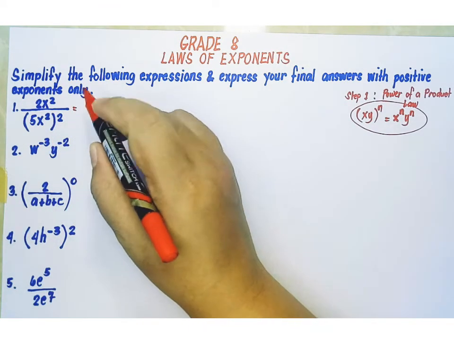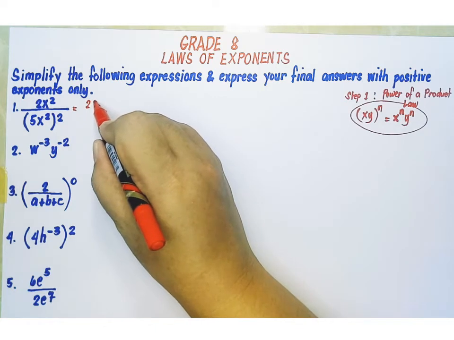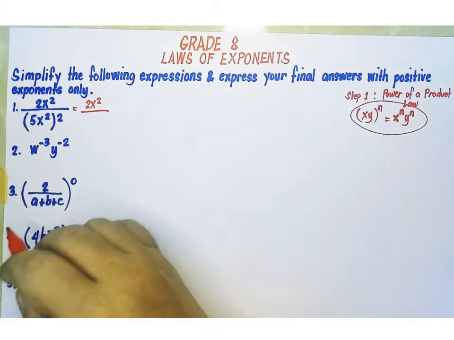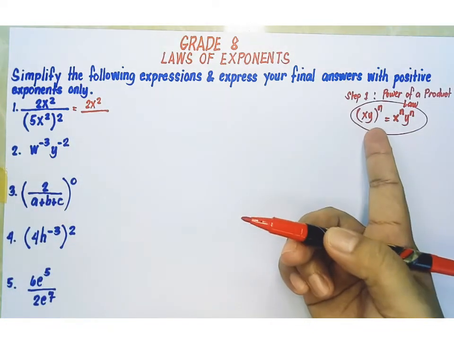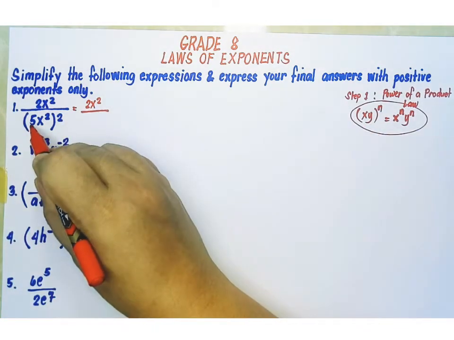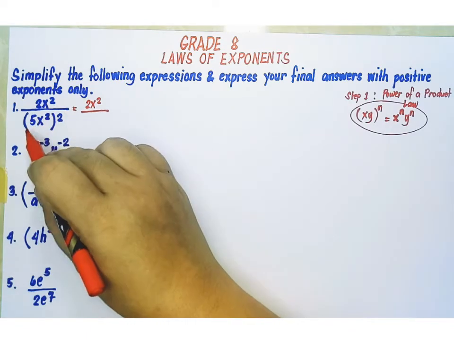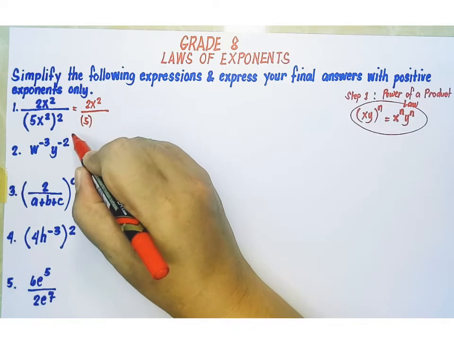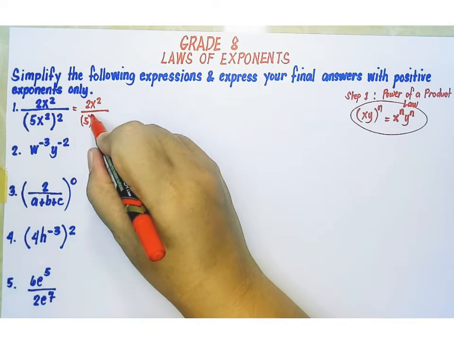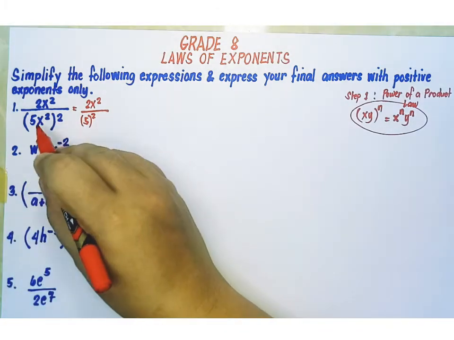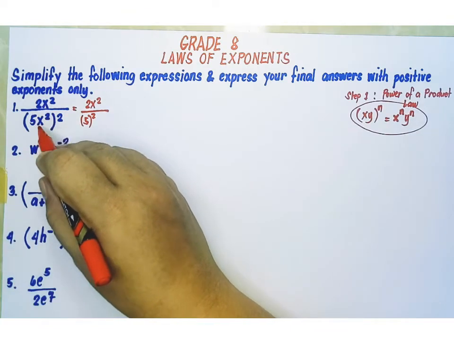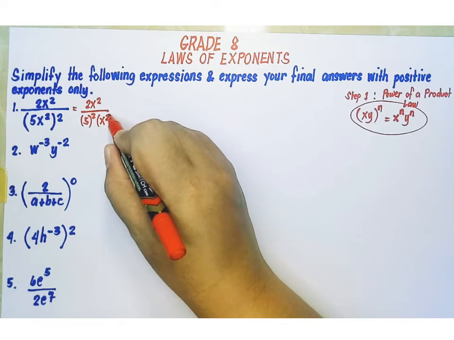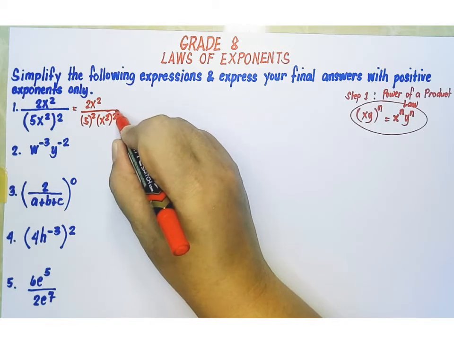So, our next step dito is 2x squared over, so applying the power of a product law, our first part or first factor is 5. Raise it to 2. And our second part or second factor is x squared. You also raise it to 2.